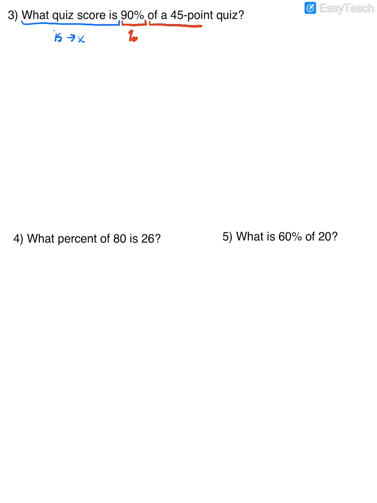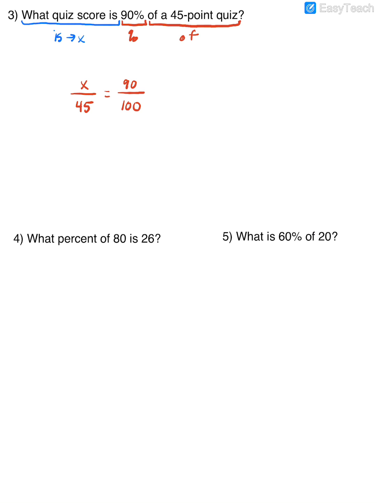And then of a 45-point quiz, there's your of. So making your equation, is on the top divided by the of, which is 45, equals the percent on the right, which is 90, divided by 100.